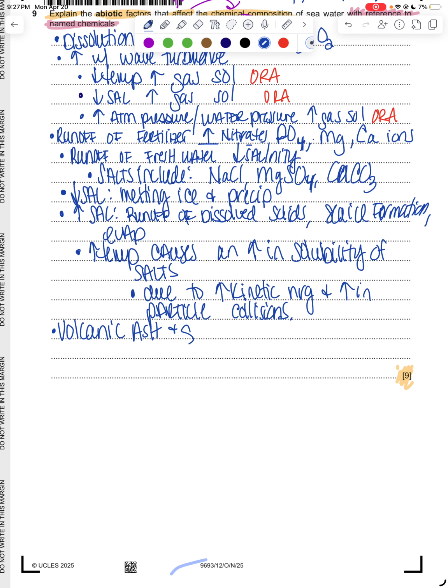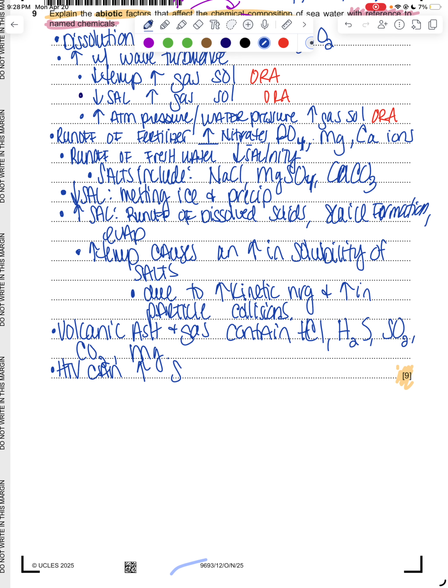Volcanic ash and gas can contain hydrochloric acid, hydrogen sulfide, sulfur dioxide, CO2, magnesium ions. Hydrothermal vents can increase all these same things: sulfur dioxide, magnesium, sulfates, phosphates.